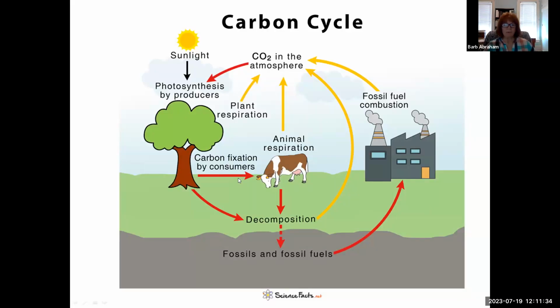And then we'll go through food chains and food webs a little bit later. But all of the compounds, all of the nutrients that plants need go through cycles. Some of them do not have an atmospheric component.